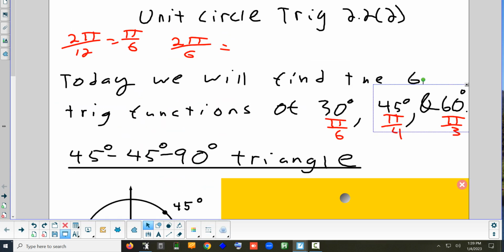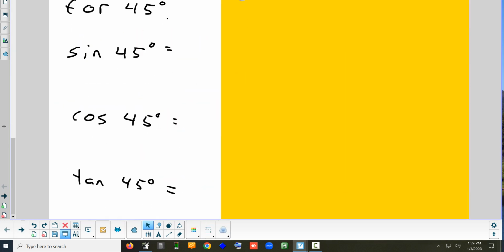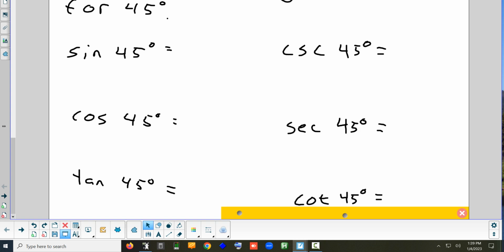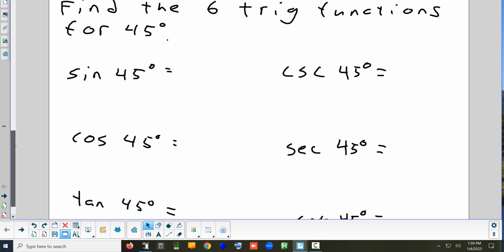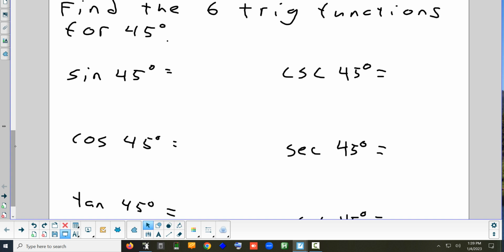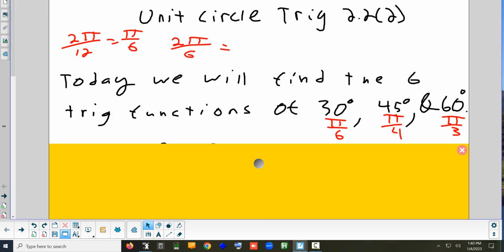If I asked you to do a problem like this, find the 6 trig functions for 45 degrees, what's the first thing you have to know to do that problem? Coordinates. You have to have the coordinate. So that's why we're going to figure it out, and then once we have it, we'll never have to figure it out again. All right, so let's go back up, see if we can figure out the coordinate.